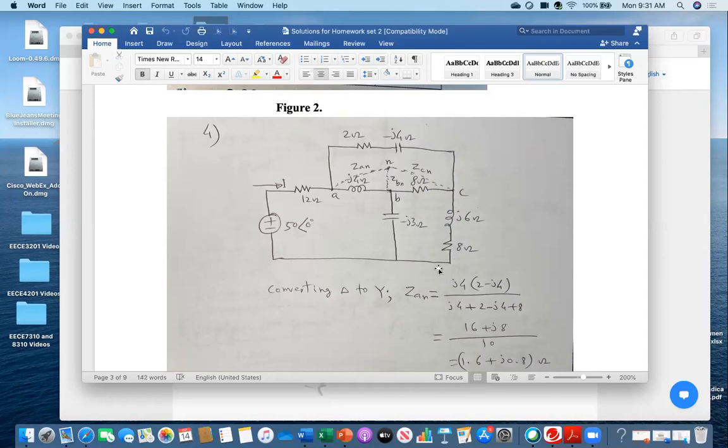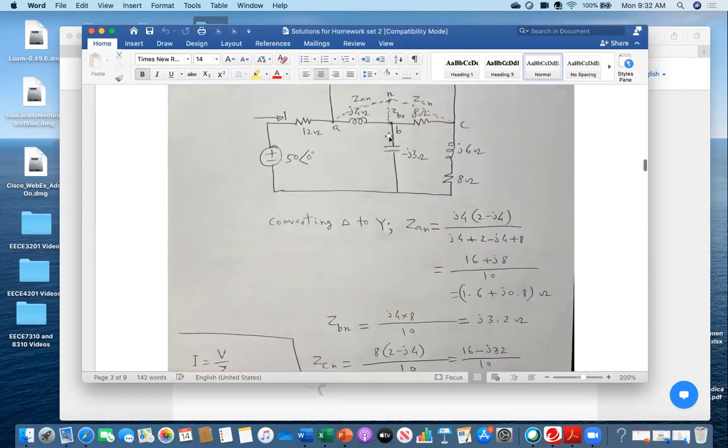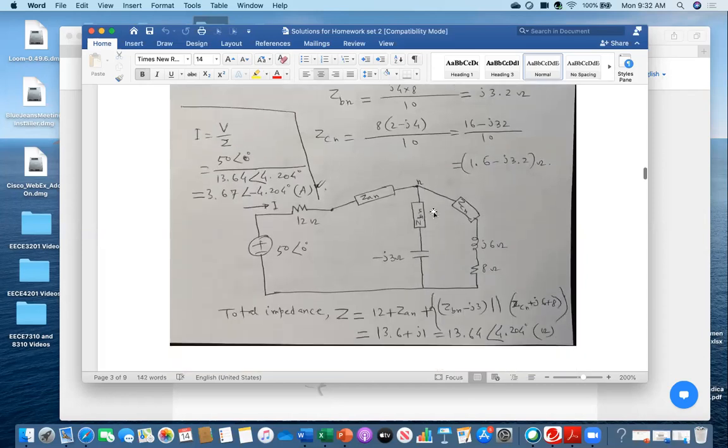Exactly, I am doing that. This is the end point, this is GBN, and that one in series. Now everybody see, this whole thing is in series, GCN plus this one, and then GBN plus this one. After doing that, this branch is in parallel with this one. Then this combination is in series with this one, in series with this one.